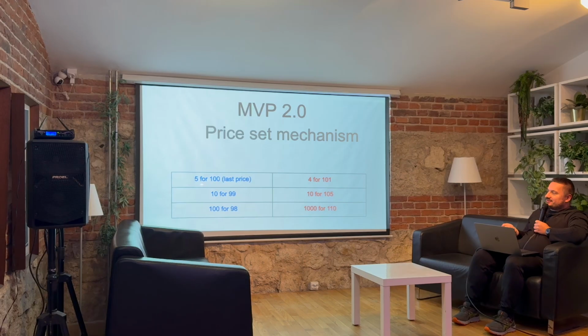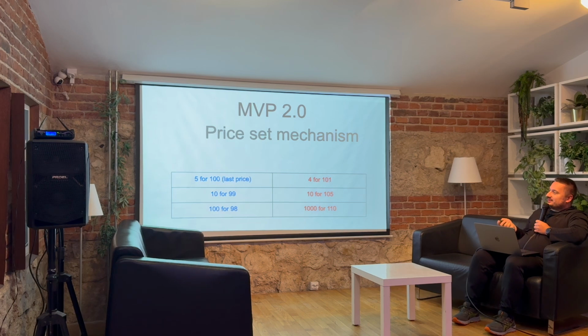In this example with the market price, I want to buy 5 tokens. But for 100 it's not possible, because the cheapest offer is 101. So the exchange engine will buy 4 tokens for me for 101, but that still doesn't fulfill my need, because I need 5.